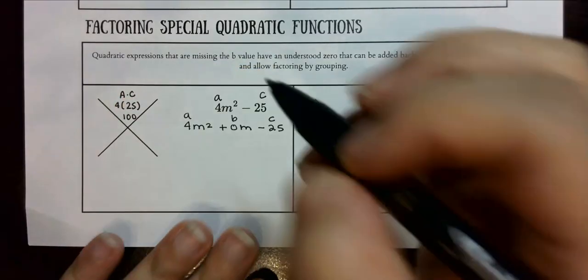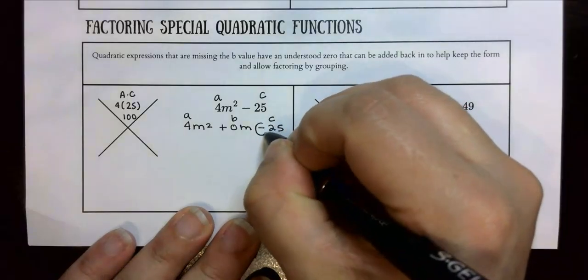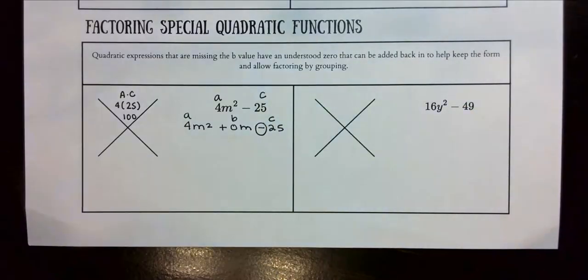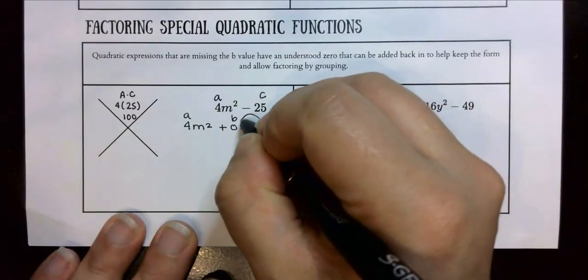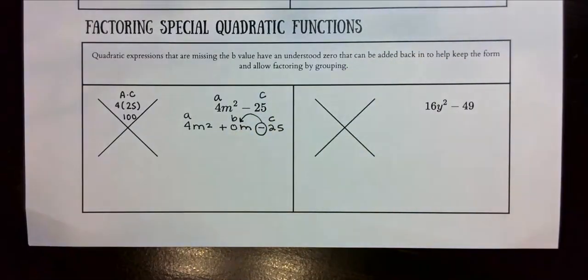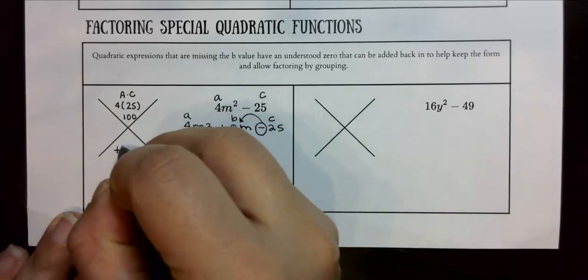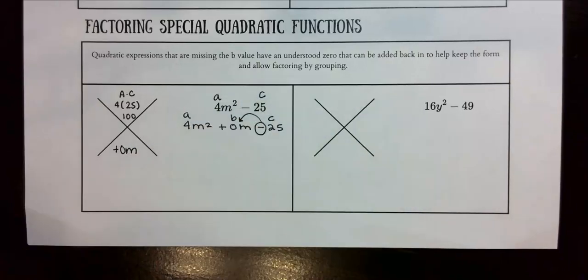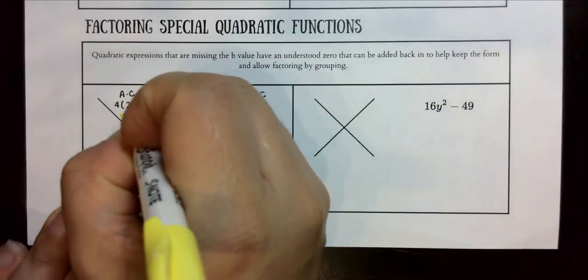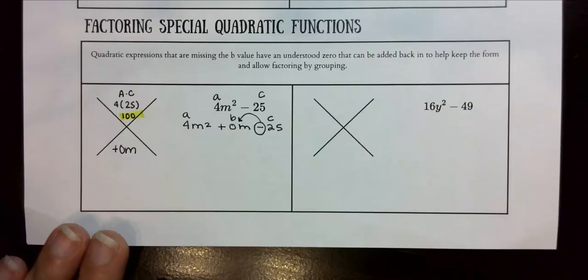All right, I'm going to remind you what we're looking for. We're looking for 2 numbers that when we subtract them give us 0. So I'm going to put a plus 0m right here in the middle just to use it as a guide. So we're going to take that 100 and we're going to list all the factors of 100.